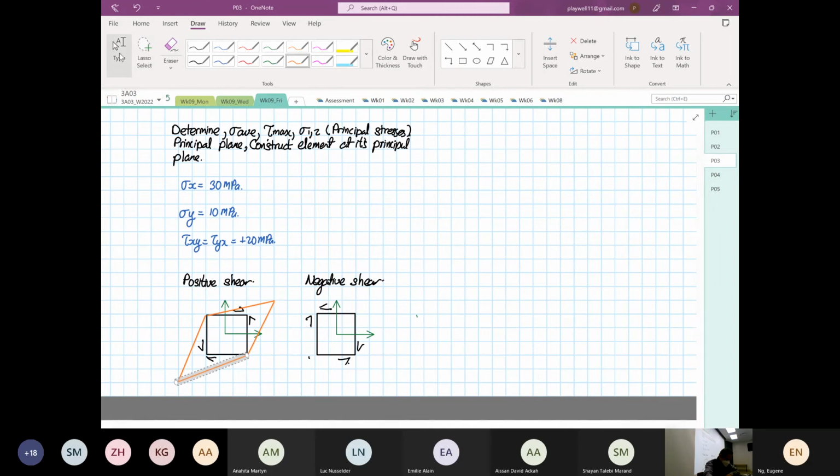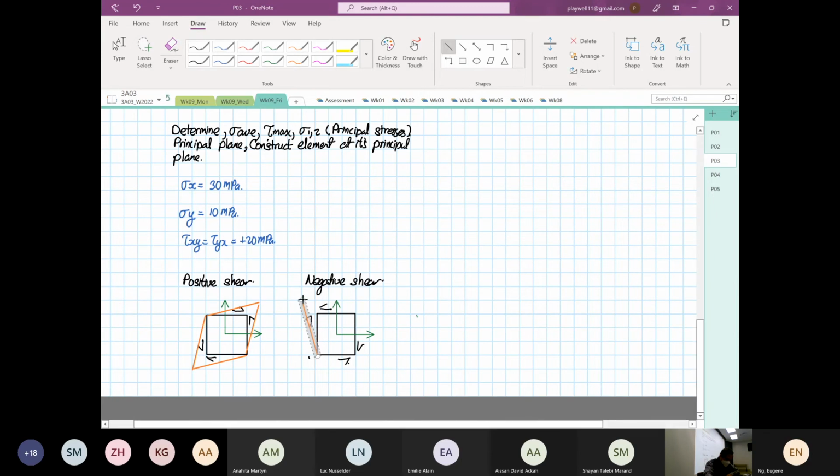I think I overdid it. I think I did it for both sides. Let's do it this way, so you can see the difference in the deformation. So that is for positive shear, and then the negative shear deformation pattern is this way.